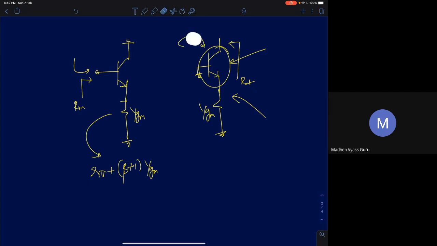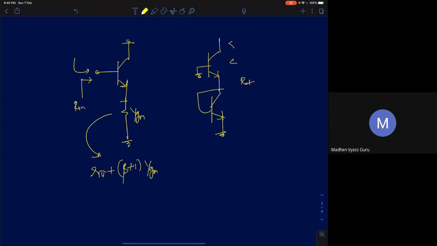Let me number the transistors. Let's assume this is transistor 1 and this is transistor 2. If I want to write the expression, I'll replace this with a resistance of value 1 by GM1.